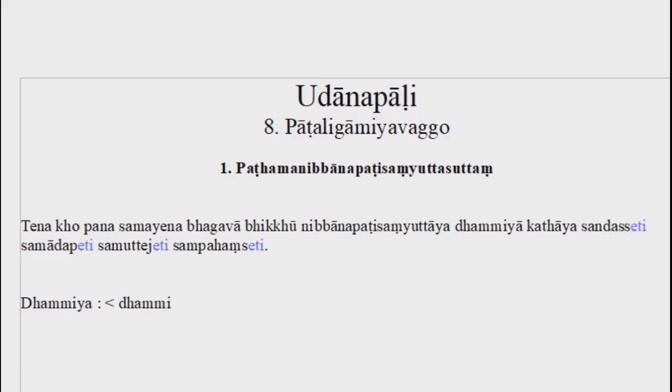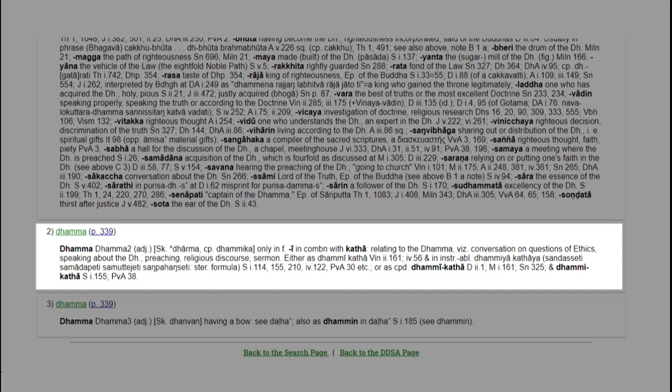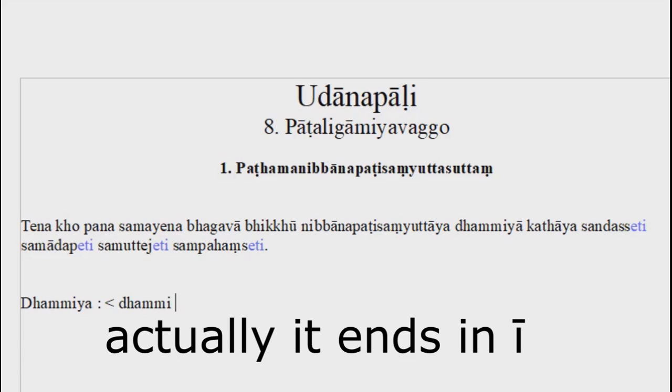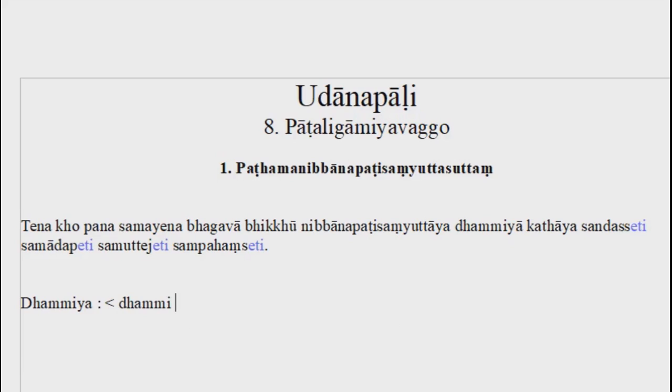So if you dig a little deeper, you'll see there actually is a word dhammī, meaning just kind of an adjective meaning dharmic. And being a noun that ends in an ī, then it has iyā as its instrumental. So we have with a dharmic talk. And really, we use that expression in English, with a dharma talk.